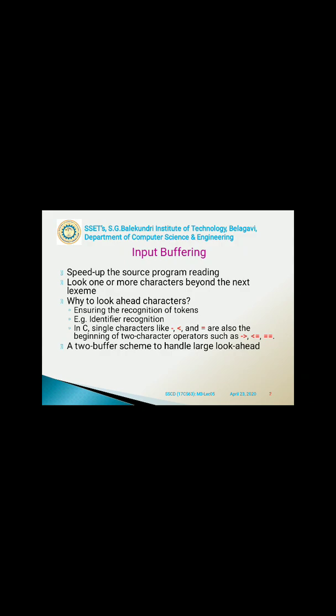Another example you can take in the C programming language itself. We have so many operators existing in the C language. Consider single characters like minus, less than symbol, and equal. These are specific operators. Minus performs subtraction, the less than symbol is a comparison, and the equal sign is used for assignment. But before concluding that it is the minus symbol, it has to look at least one character ahead, or more.